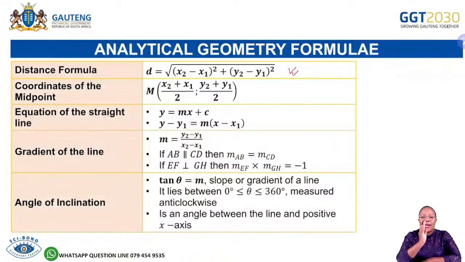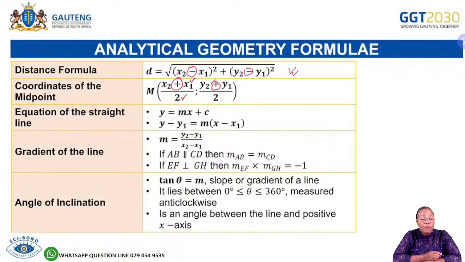It is always x and y in the correct coordinate form. To calculate this, we use the formula (x2 plus x1) over 2. Be careful, grade 12, you are not subtracting as in a distance formula. On this one, you are adding. And for the y value, it's (y2 plus y1) over 2. Also be careful, you are adding, not subtracting as in a distance formula.